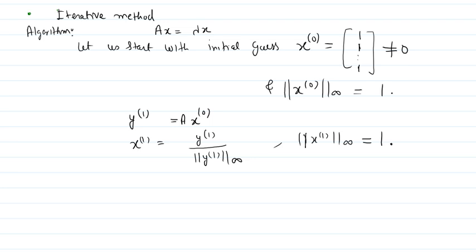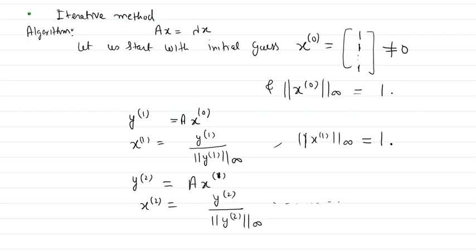Now we repeat the procedure. So we next find y2. Again we multiply A with x1, and we find x2 from y2 by dividing with the norm of y2, and so on.